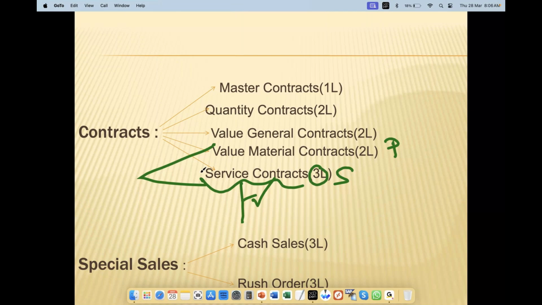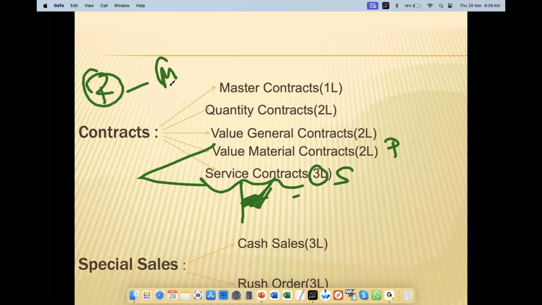So service contract itself acts like an order. It has all the controls like a sales order. It is for a service purpose, maybe a building rental, maybe maintenance of systems or employment services, etc.